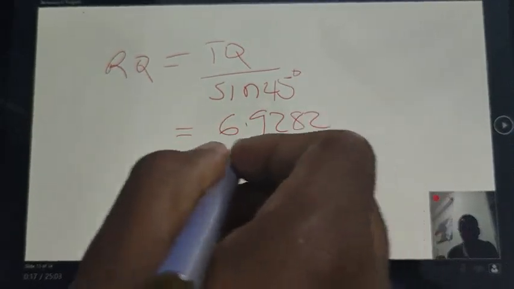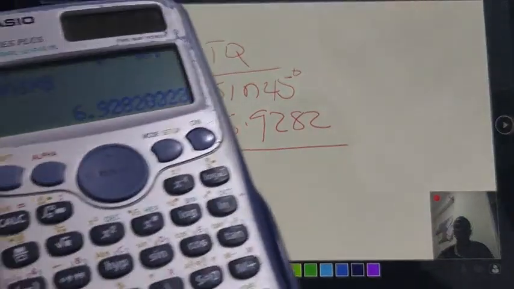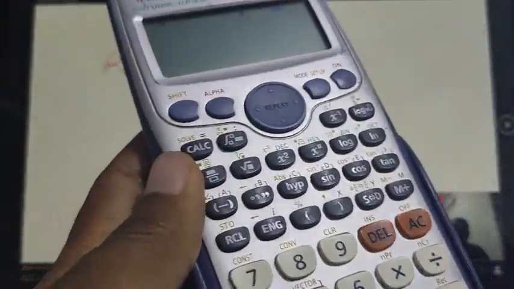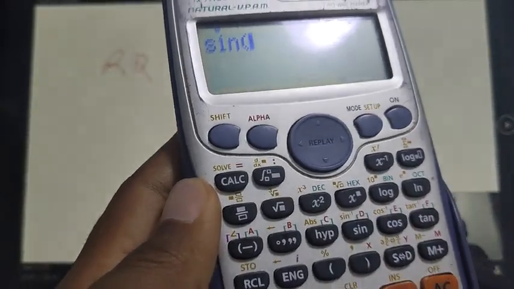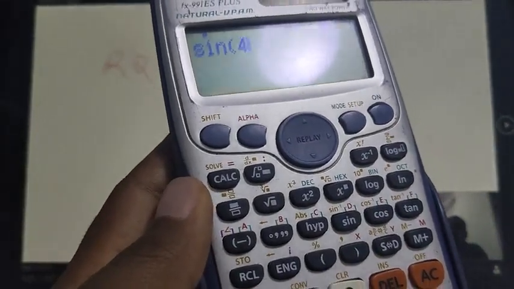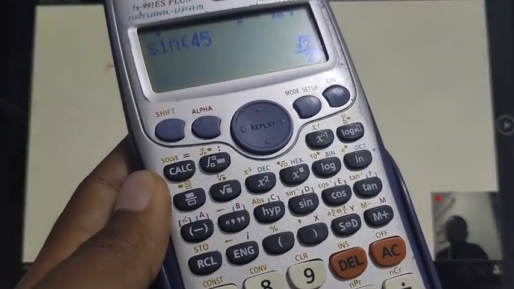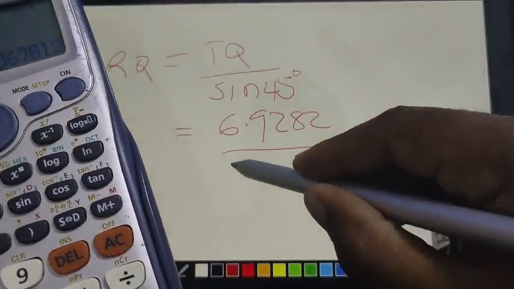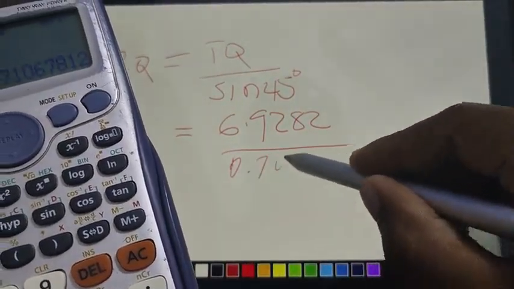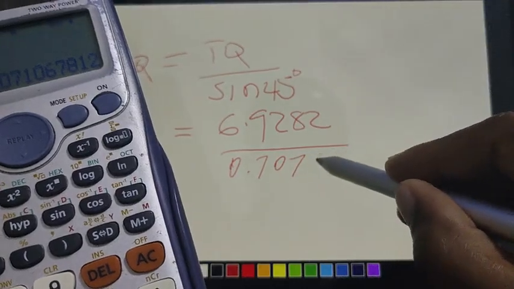6.9282 over sine 45. So let's use the calculator to find the value of sine 45. It's 0.7071.